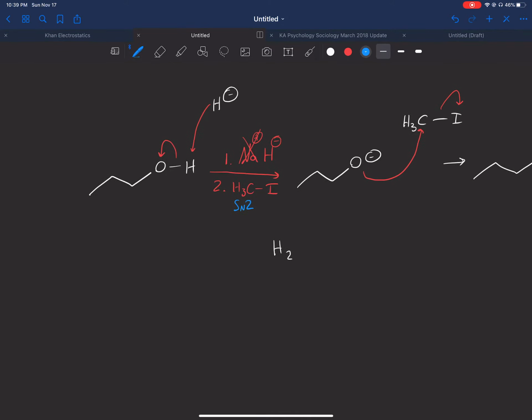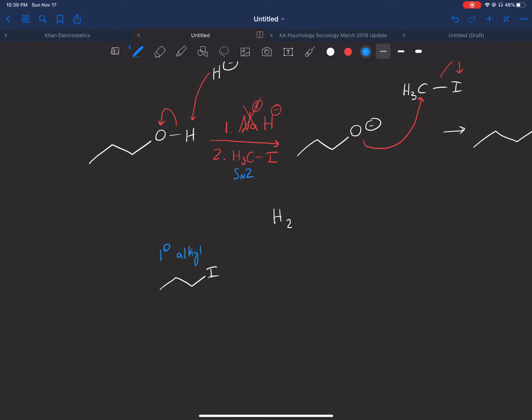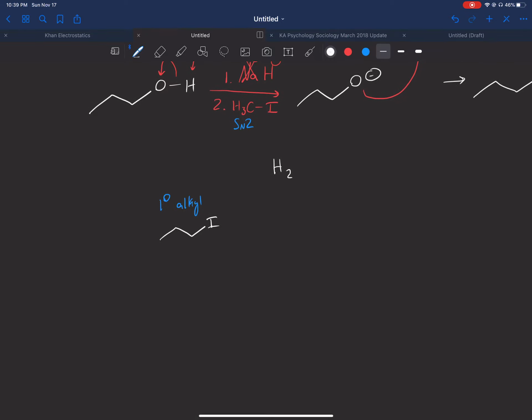Going off of what we know about SN2, what other reagents can we use? We've seen the methyl, CH3I. How about something like this? This is just a primary alkyl chain with our leaving group on a primary carbon, so this would also work for a Williamson ether synthesis. Rather than a methyl, we can use a primary alkyl halide.